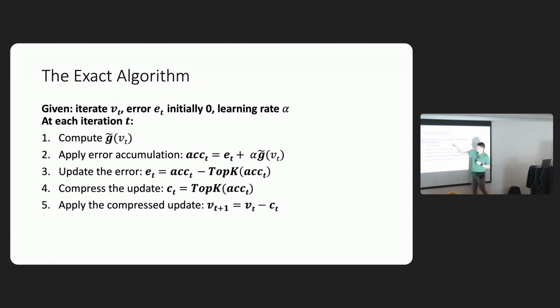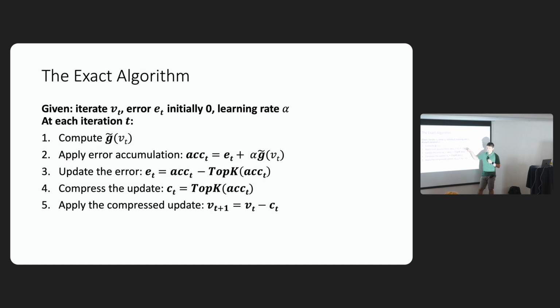Then we apply the error accumulation from the previous round. Initially, this error is 0. So the accumulator is the error plus alpha times the current gradient that was computed. Then we do two things that could be done in parallel. First, we update the error, which is the accumulator minus the top k of the accumulator.